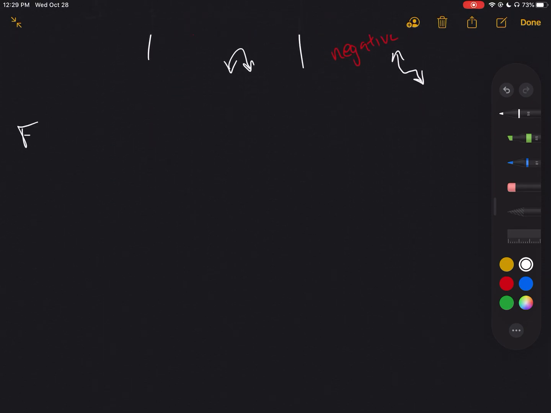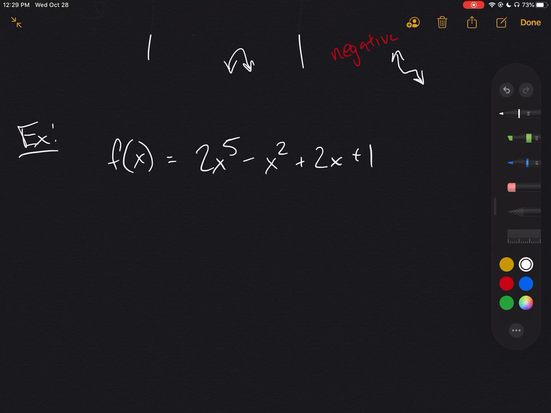So we'll look at one example here, just for the fun of it. f of x equals 2x to the fifth minus x squared plus 2x plus 1. Right, so all I care about is the highest degree term if I'm looking at end behavior. That's that term right there.